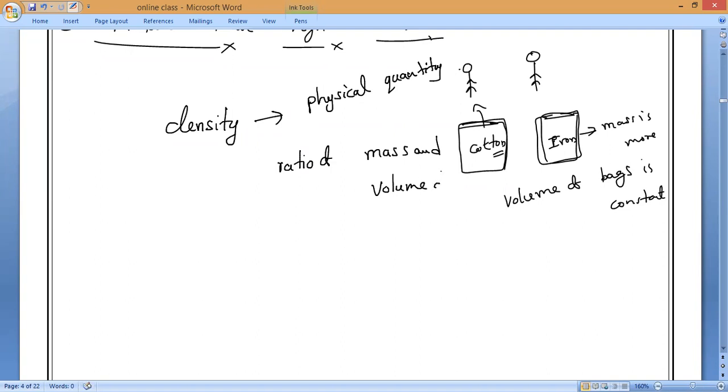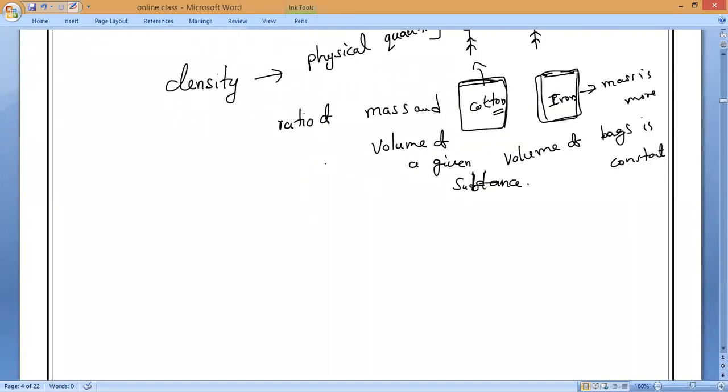Mass and volume of a given substance is called density. Is it okay, everybody? Now, this is a very casual definition. It is not the perfect definition of density.